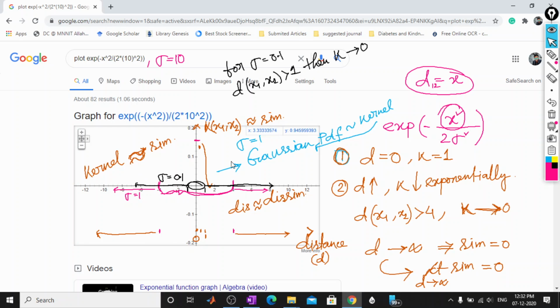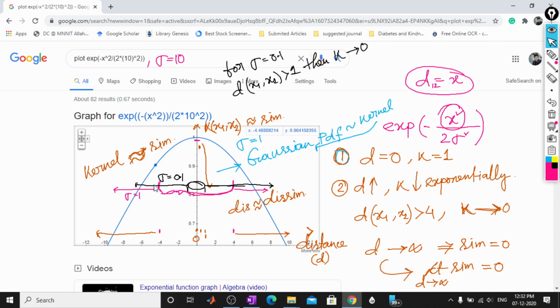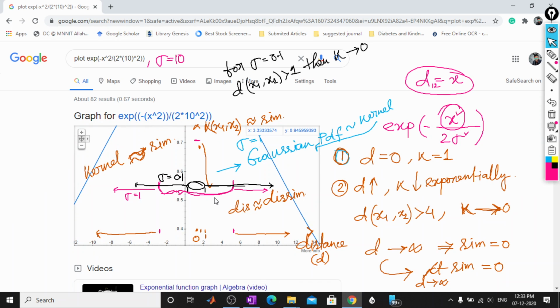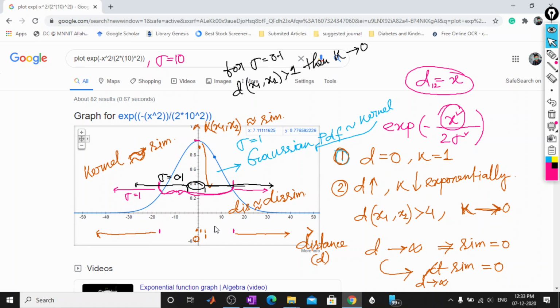After 10, its value takes 0, so by using 10 we increase this range. Let me zoom out this picture. This is 1, and something after 40.